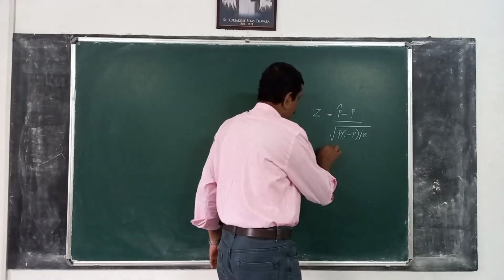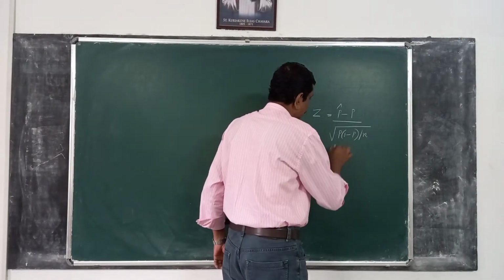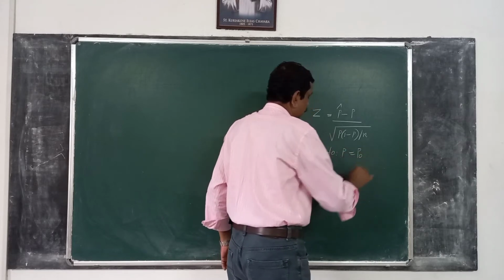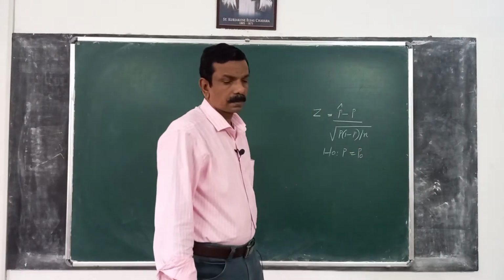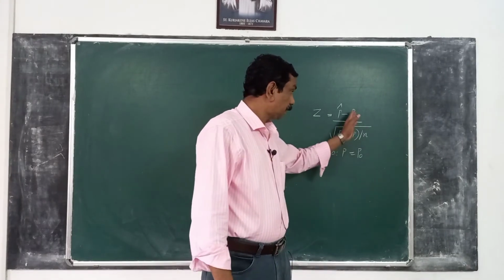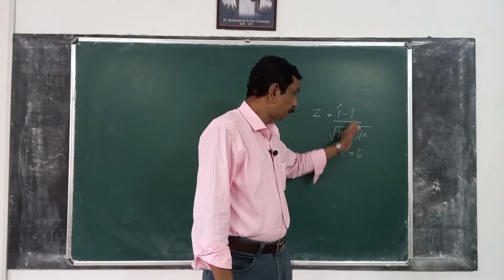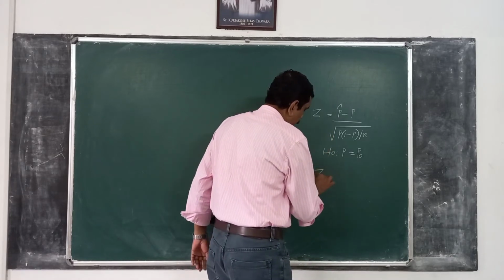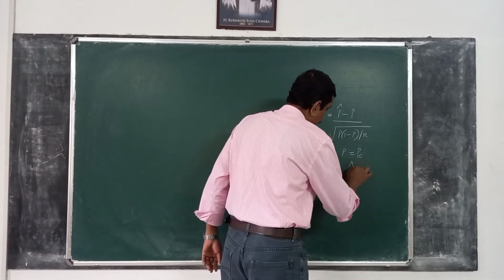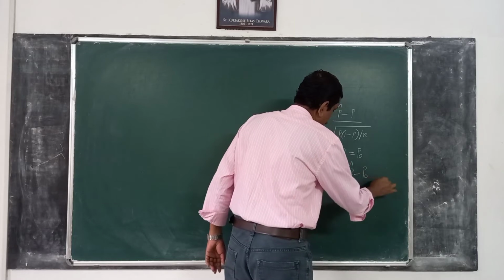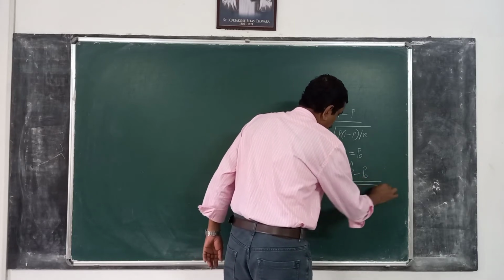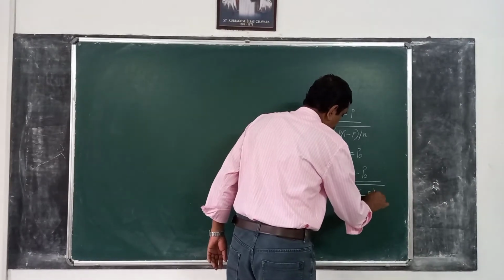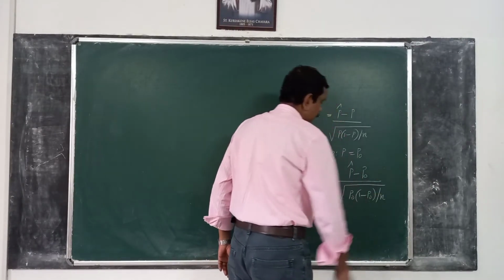Now, for the null hypothesis that p is equal to p0, that is, the population proportion is equal to p0, this Z becomes p hat minus p0 by root of p0 into 1 minus p0 by n.